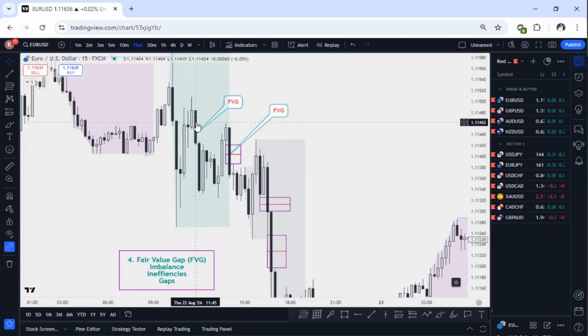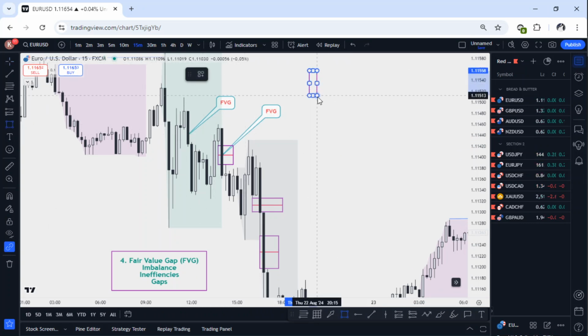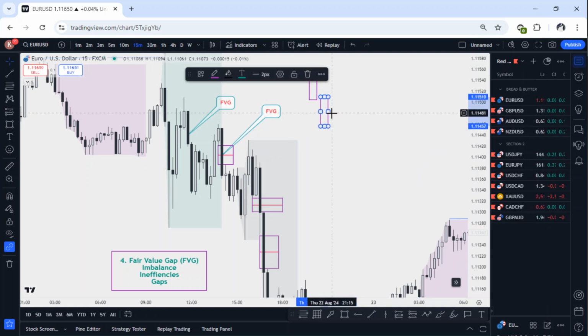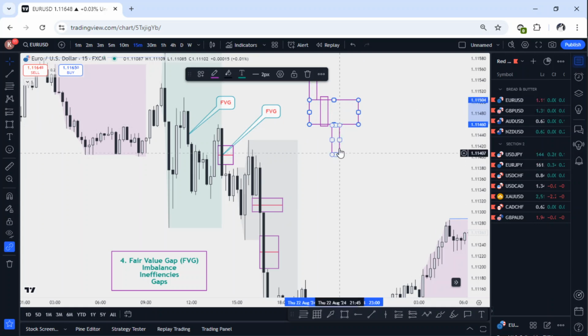If you look at here, how do you identify an imbalance in the simplest manner? You check 3 candles. It must be 3 candles following each other like this. So imbalance is that space or void in between the first candle's wick and the last candle's wick.